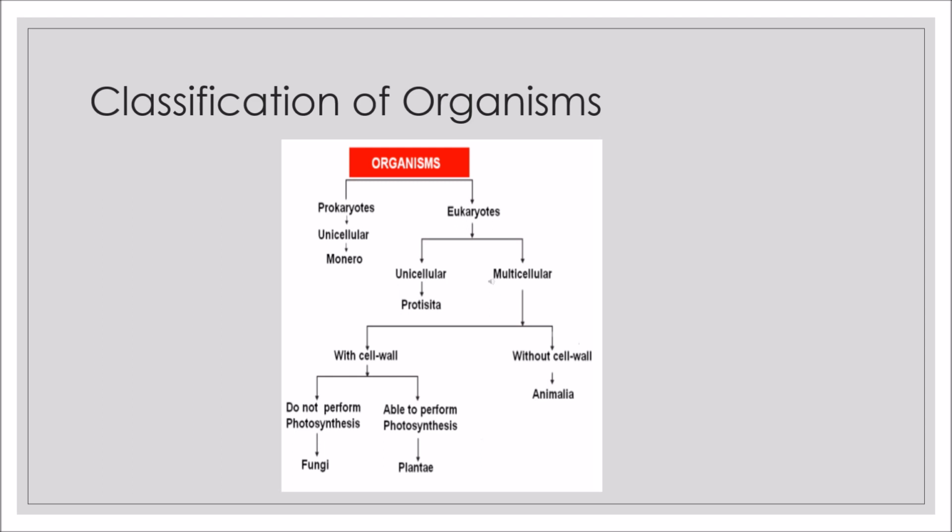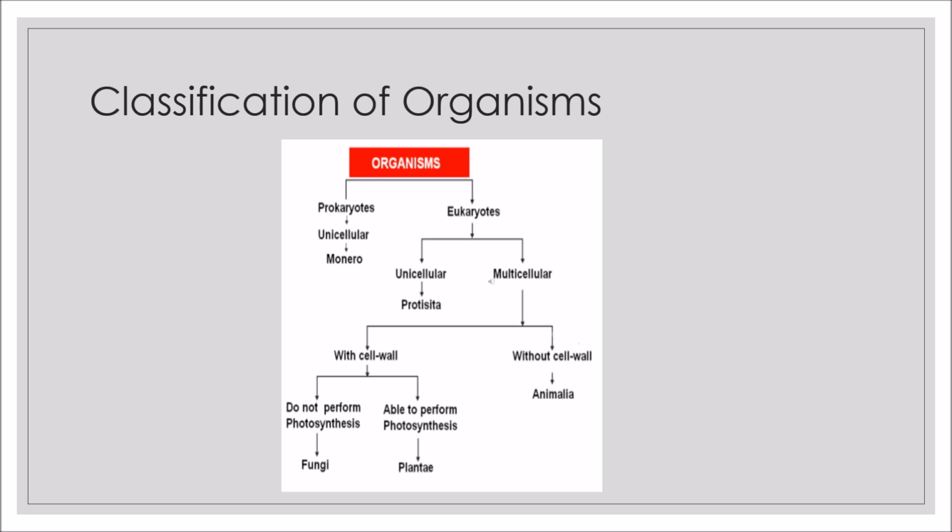With cell wall, some plants may be photosynthetic and some may be non-photosynthetic. Those organisms which do not perform photosynthesis are put under one category, and those which perform photosynthesis are put under another category. The ones that do not perform photosynthesis are nothing but fungi, and they are placed under fungi. And plants which are able to perform photosynthesis are placed under plantae.